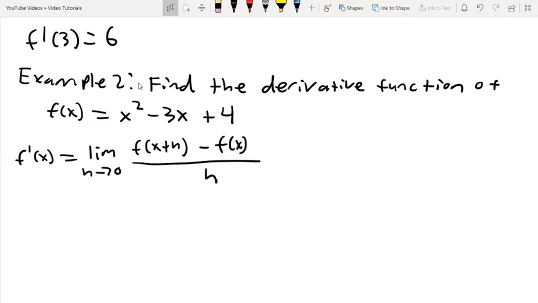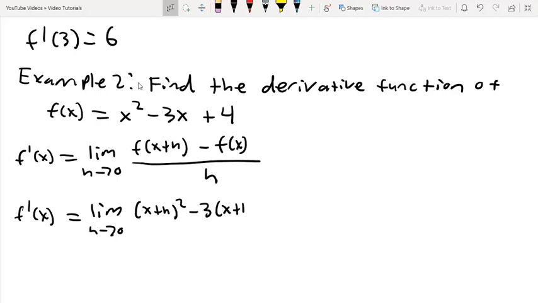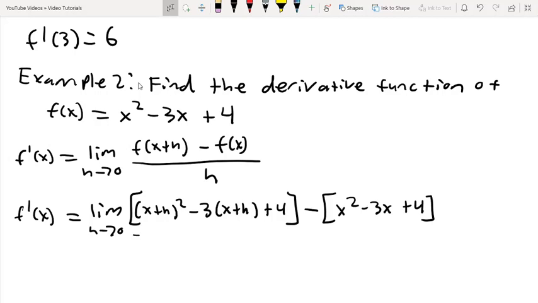And now if we substitute our function in, we'll find that f prime x is equal to the limit as h approaches 0 of x plus h squared minus 3 times x plus h plus 4. Put some square brackets around this. Minus x squared minus 3x plus 4 all over top of h.